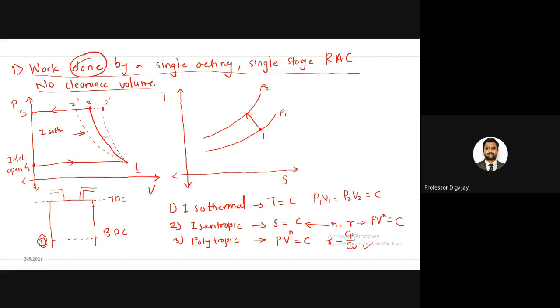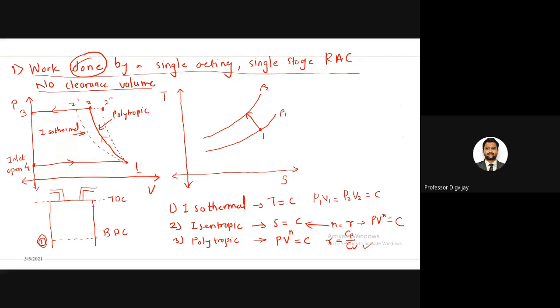This may be an MCQ question asked in your ATD university exam. If it happens in online mode, they will give you these three curves and ask which one is which. The inside curve, or the curve with the less slope, is the isothermal curve. The middle one is polytropic.